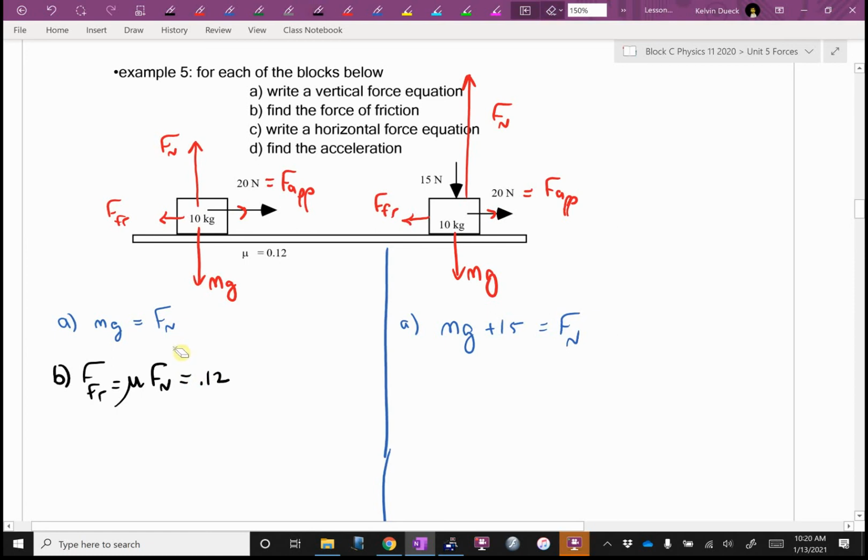What did you write in part A? The normal force is equal to? Well, that's easy. So friction in part B is going to be 0.12 times 10 times 9.8. I can do that in my head. It's going to be 98 times 0.12. It's going to be 9.8 plus 1.96. It's going to be 11.76. Yes? Four sig figs in my head, just saying.